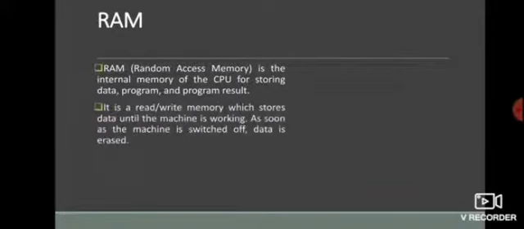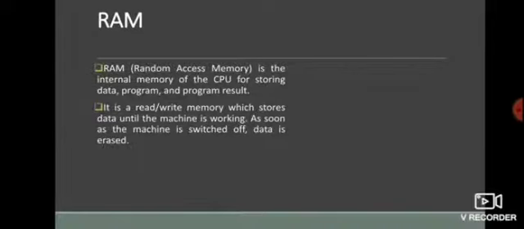It is a read-write memory which stores data only while the machine is working. As soon as the machine is switched off, data is erased. So this is the disadvantage of this memory. As we turn off our computer, the data is also erased from the memory.